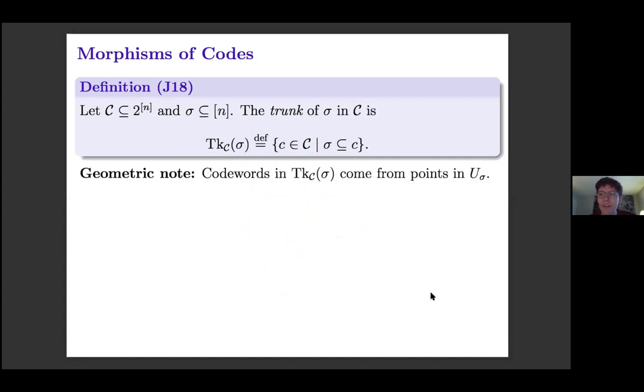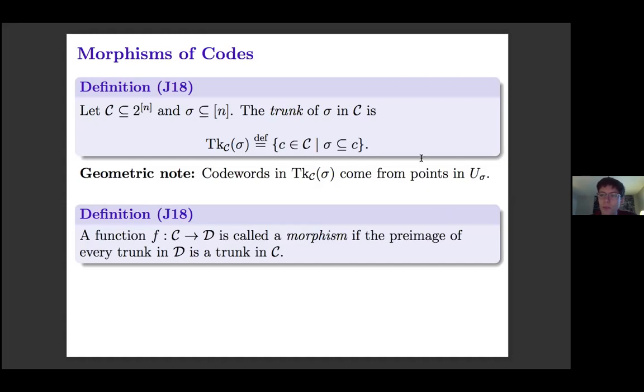Why on earth would I do such a thing? It seems like a purely combinatorial construction. But it turns out the codewords in the trunk of sigma can be thought about geometrically as coming from points inside of U_sigma. And remember, U_sigma is just the intersection of all the U_i with i in sigma.